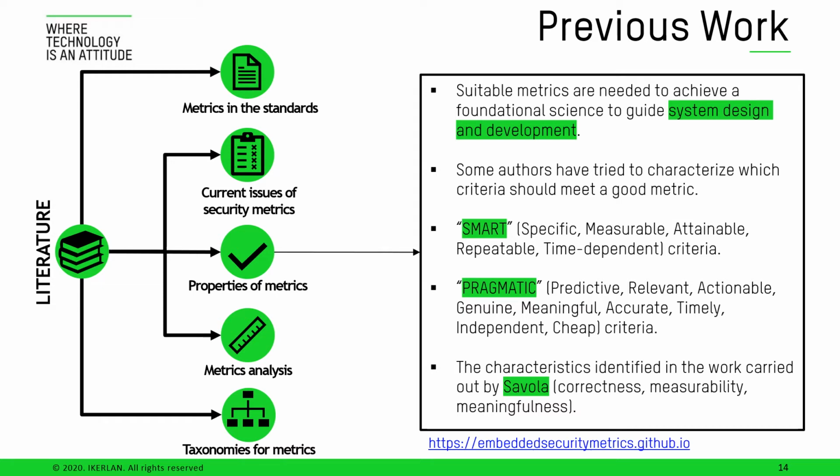And finally, the third one are the properties identified by Savola carrying out an expert survey. He interviewed 141 security experts from 21 different countries. He tracked 19 quality criteria. Savola identified correctness, measurability, and meaningfulness as the main quality criteria, along with usability.